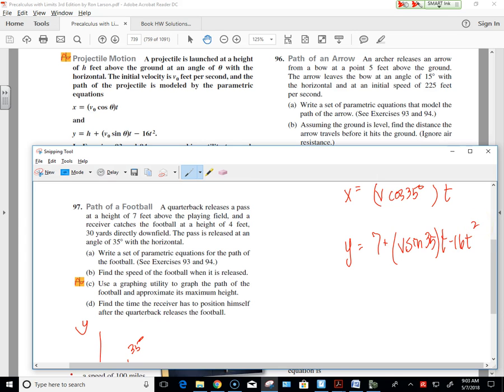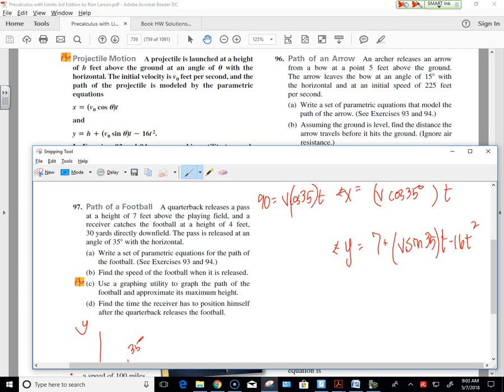And you might think we're totally stuck, except they did give us a hint. They told us that 30 yards or 90 feet down the field, the ball was at 4. So I could go ahead and say, wait a minute, I know a special x and I know a special y. I know when x is 90 feet, and I can put my v cosine of 35 t.